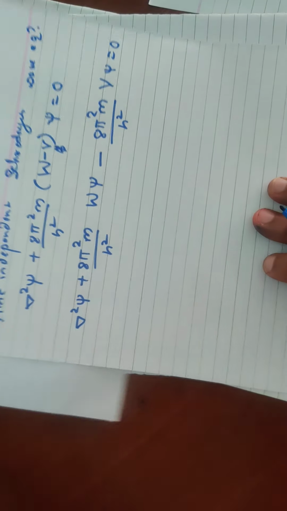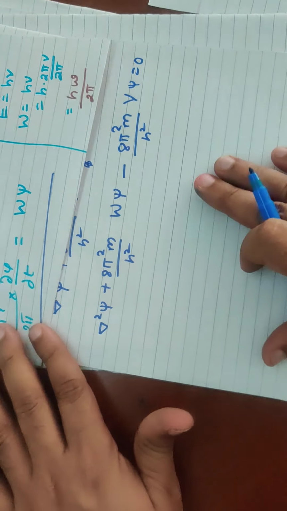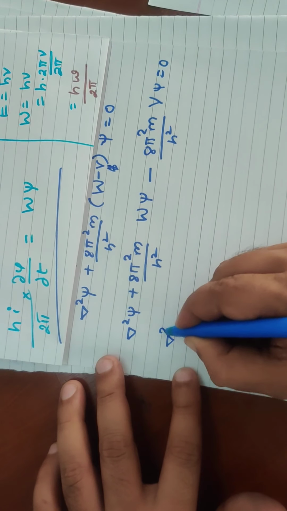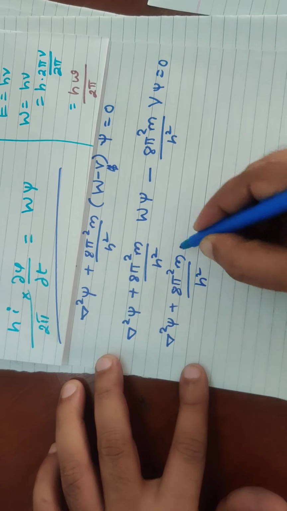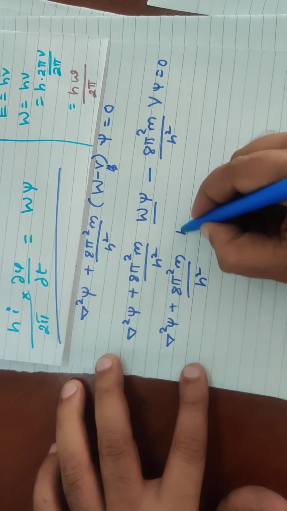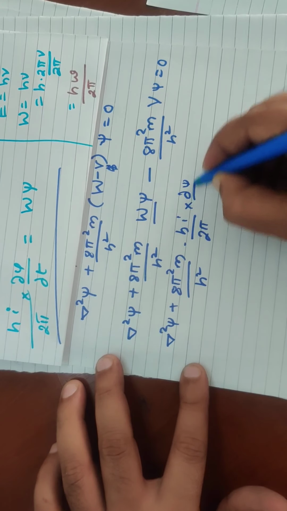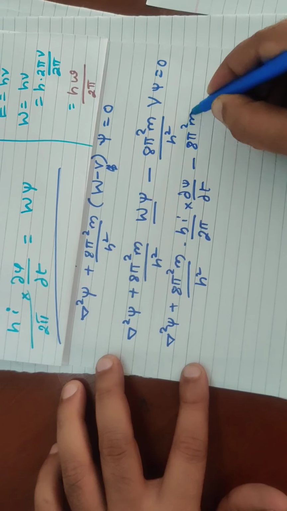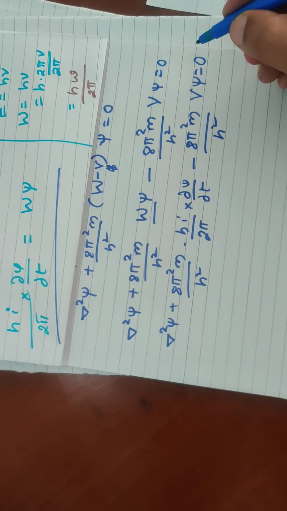So now in this equation I substitute this value: del square psi plus 8 pi square m upon h square, W into psi, that is h into i upon 2 pi into dou psi upon dou t, minus 8 pi square m upon h square into V psi equal to 0, right?